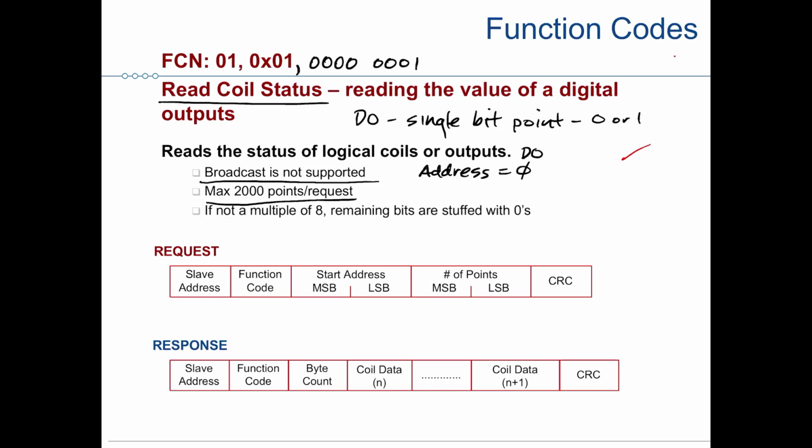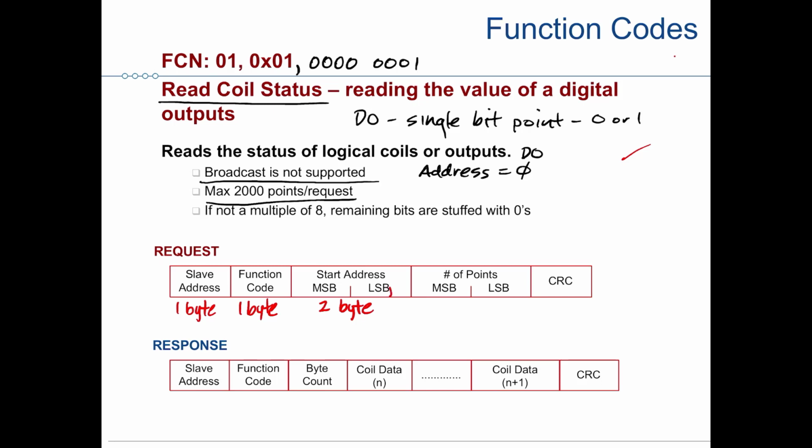The first field we know is a 1 byte field. We know the function code is a 1 byte field. Notice how here we have a box that's equal to the length of 2 with a little divider in the middle, which indicates that a start address is always a 2 byte value.